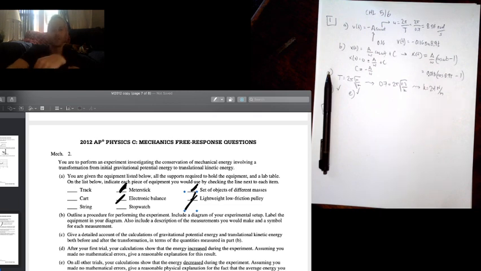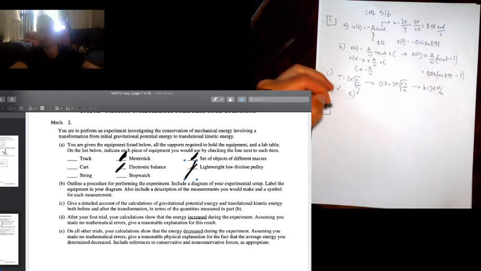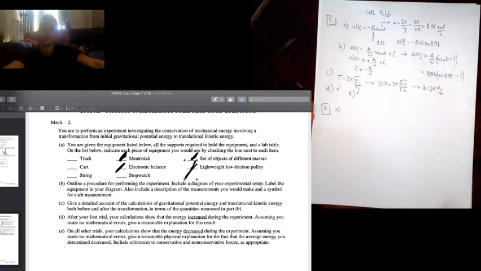Outline a procedure for performing the experiment. So what I would do is, there's lots of different answers to this question.